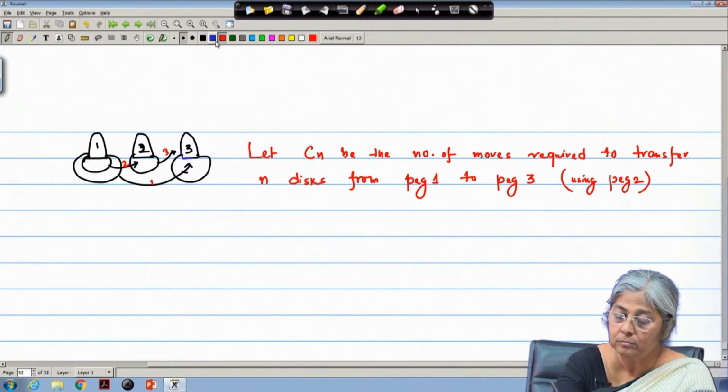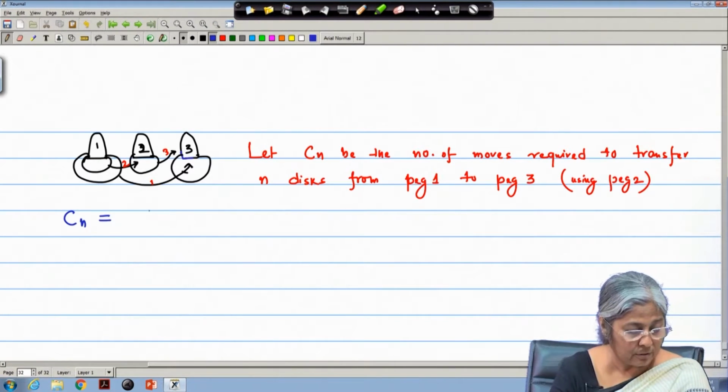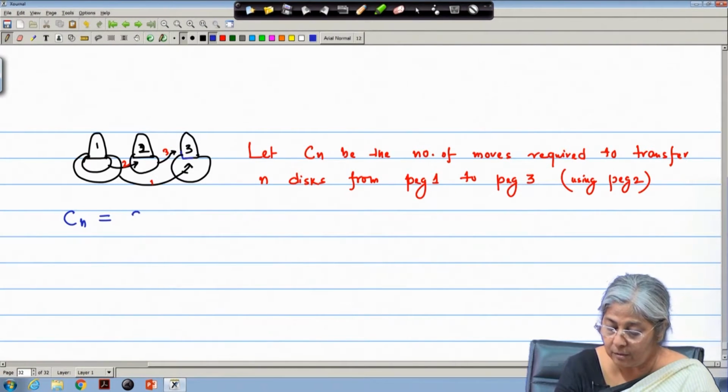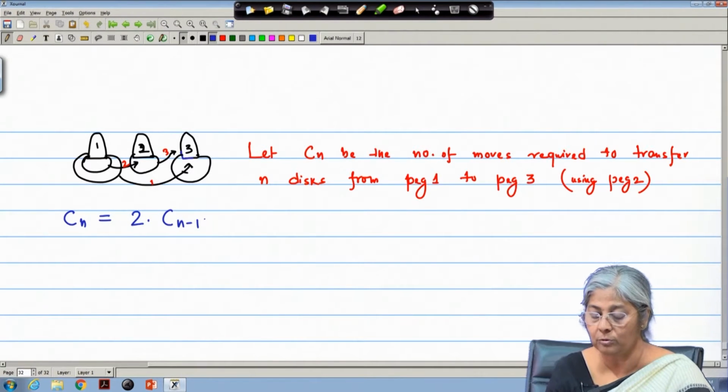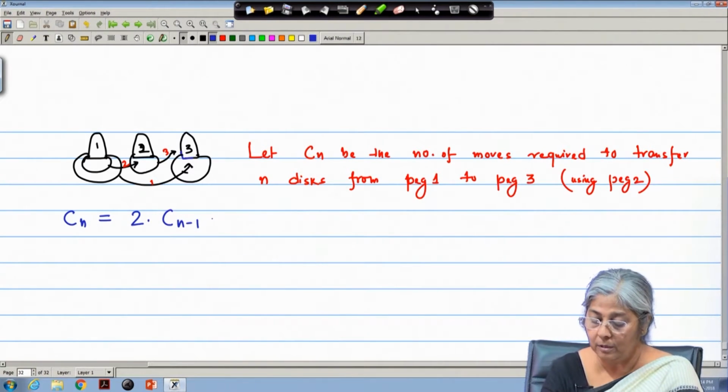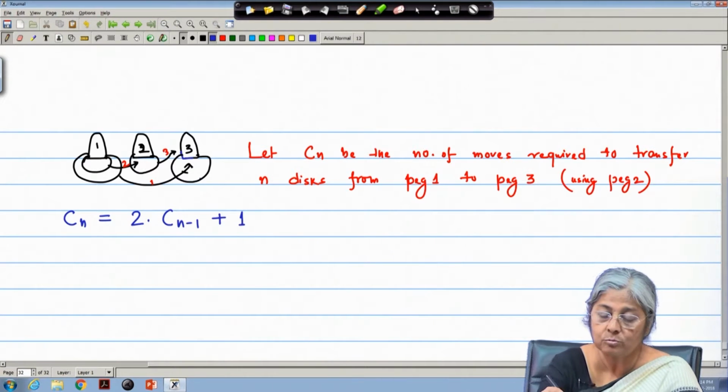So, now we can write the way we have given the solution, that Cn is twice we solve the n minus 1, 2 Cn minus 1, that means one explicit move.